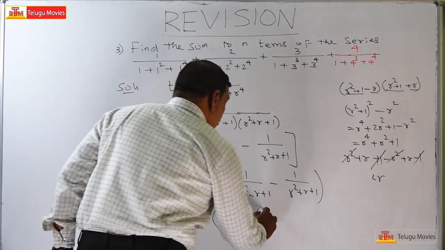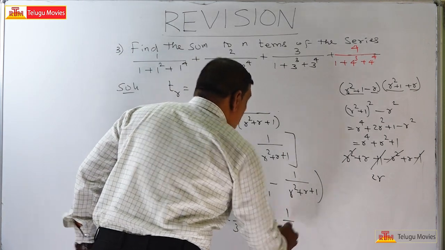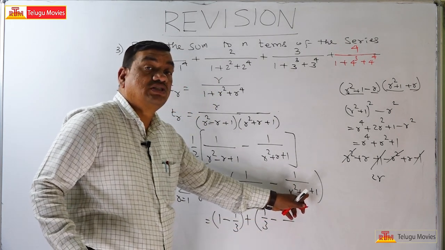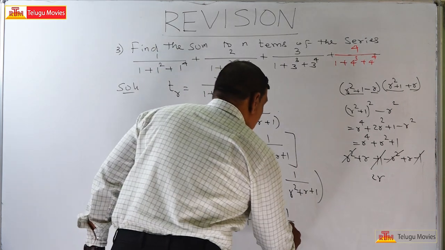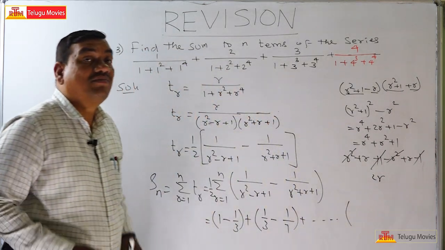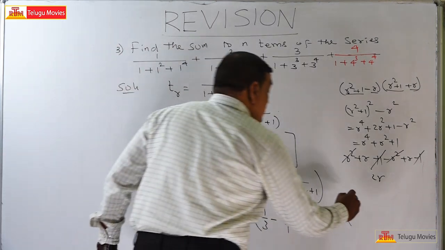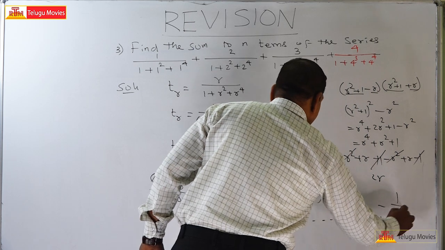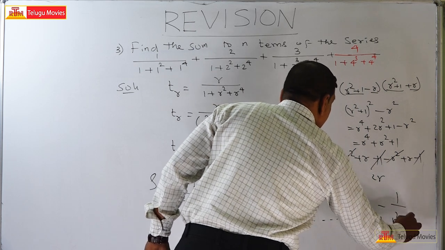That means 1 by 3 minus 1 by 2 square 4, 4 plus 2, 6, 6 plus 1, 7. Plus it will go on. Ultimately the last term, nth term: 1 by n square minus n plus 1 minus 1 by n square plus n plus 1.